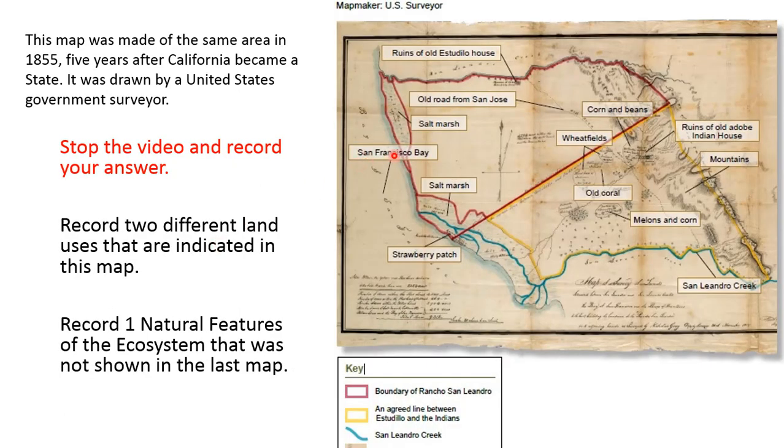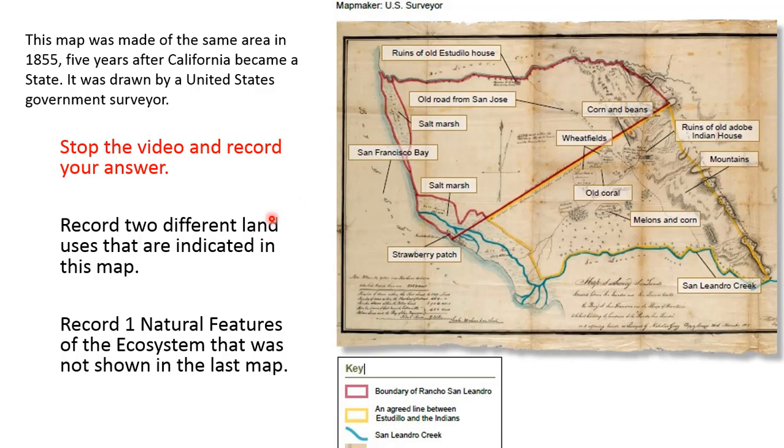So here, again, we have the same sorts of things: San Francisco Bay, we have a salt marsh, we have a strawberry patch, which was probably a man-made feature, we have melons and corn, we have the San Leandro Creek, we have the mountains, ruins of an old adobe Indian house, old corral used for keeping animals, we have wheat fields, corn and beans, an old road, and ruins of an Estradillo house.